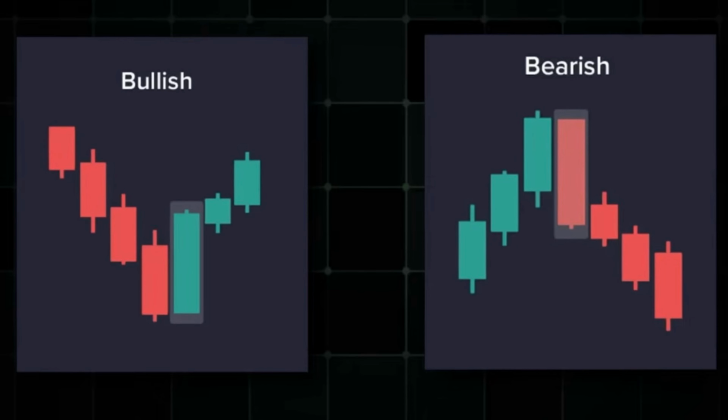Then if we flip it, it's the same for the bearish: an uptrend, which is then followed by a red line coming to the downside, and another flip, but this time in a bearish reversal pattern.